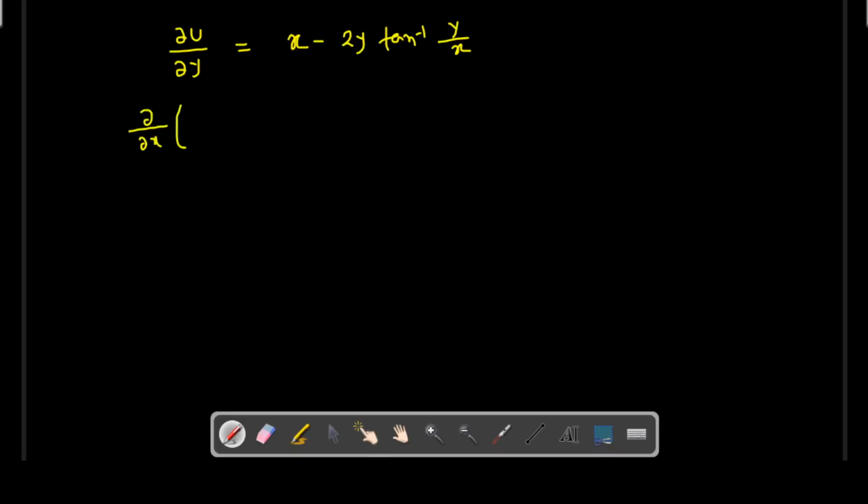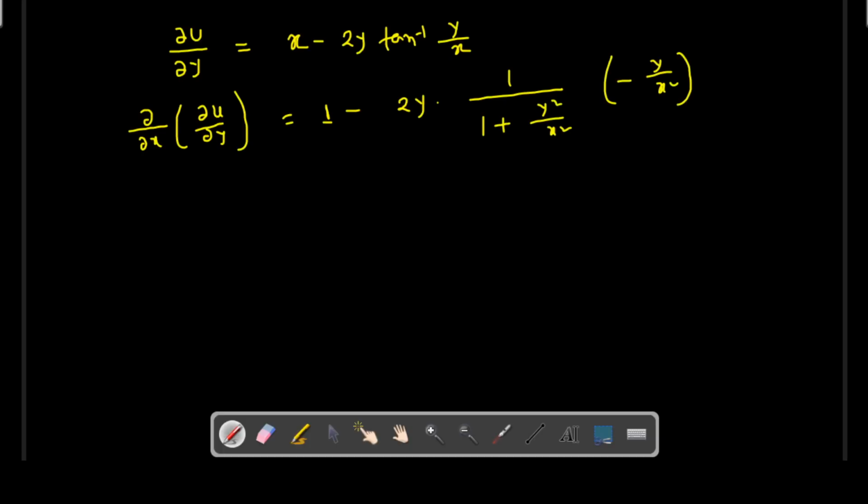So del x of del u del y will be 1 minus 2y into 1 over 1 plus y square by x square into minus y upon x square.